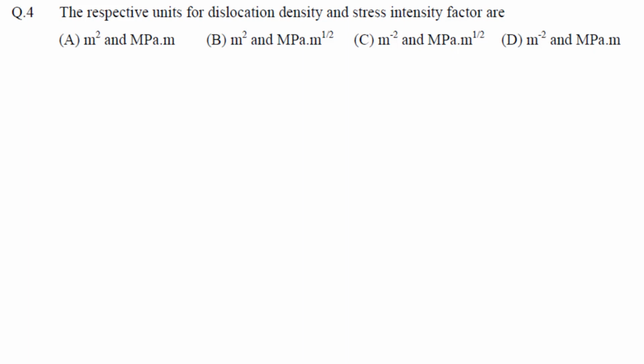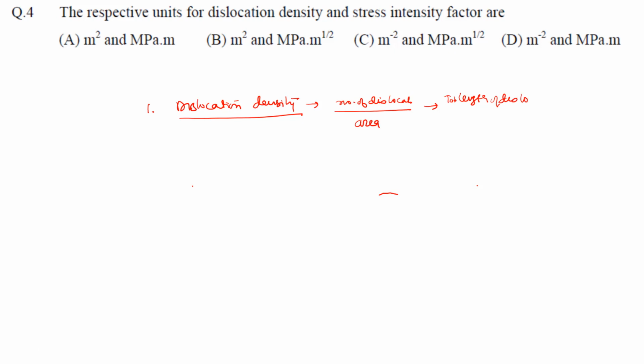So first we have dislocation density. Dislocation density is called the number of dislocations per unit area, or it is also called the total length of dislocation per unit volume.